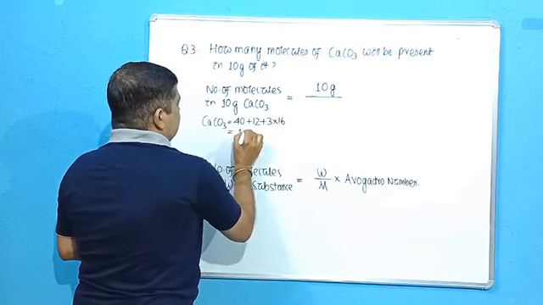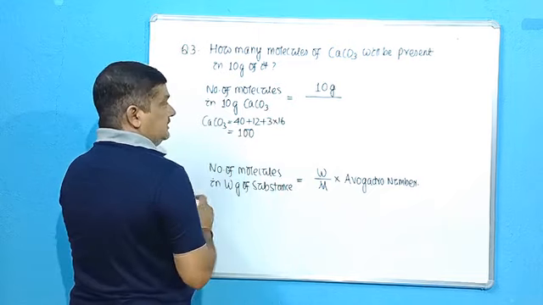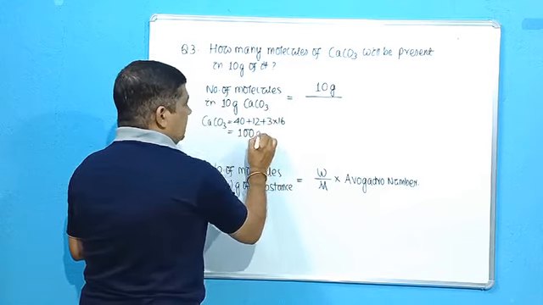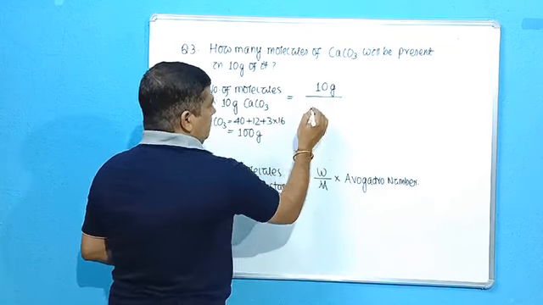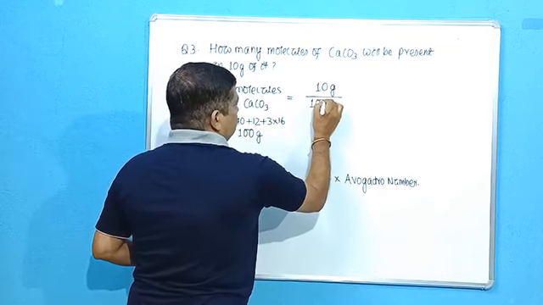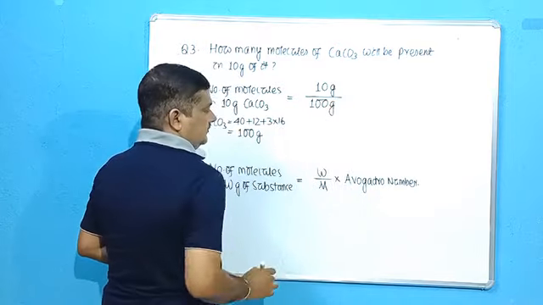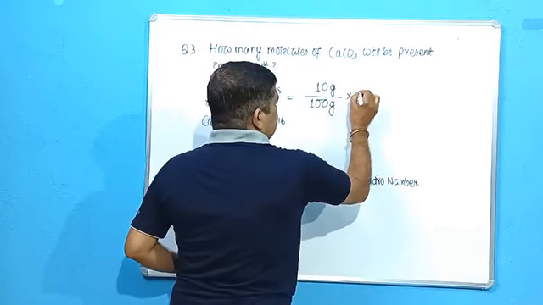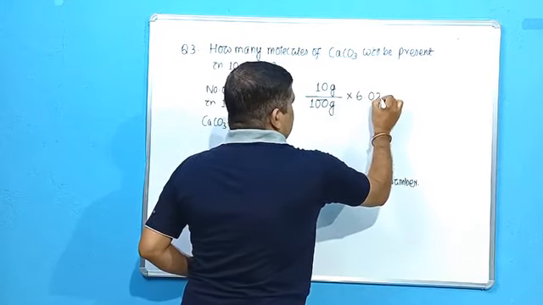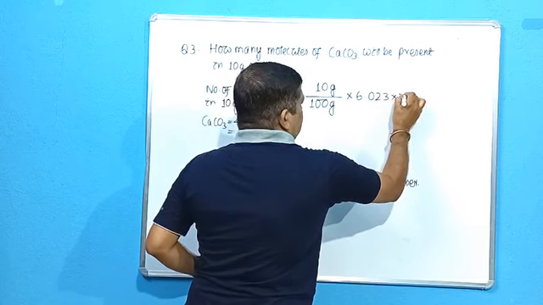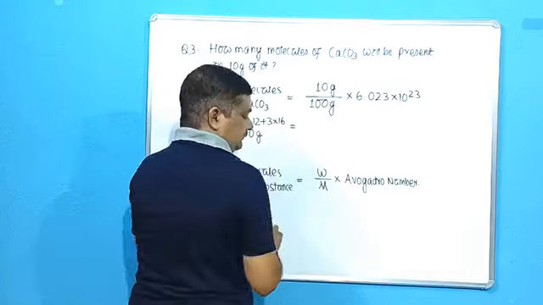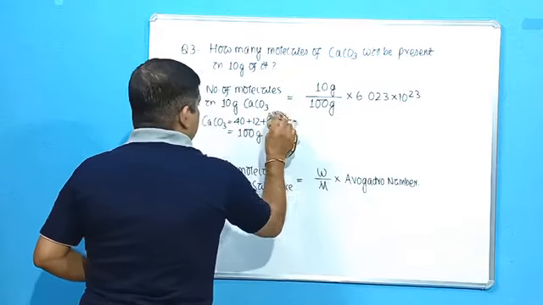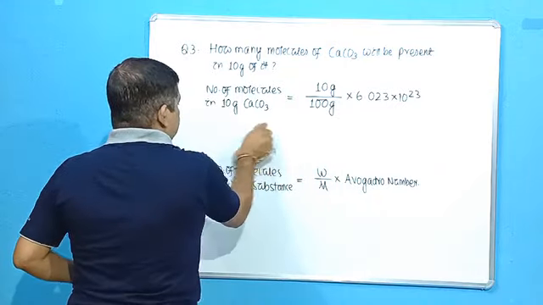That means 100 is the molecular mass. So the gram molecular mass or molar mass is 100 gram. So given mass W is 10 gram divided by molar mass 100 gram into Avogadro number, that is 6.023 into 10 to the power 23. Write this down. So wipe it out.